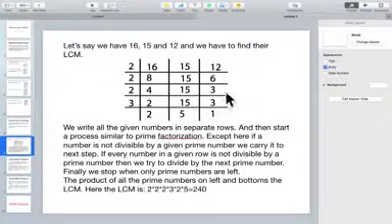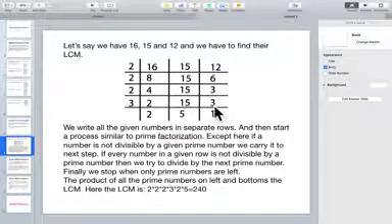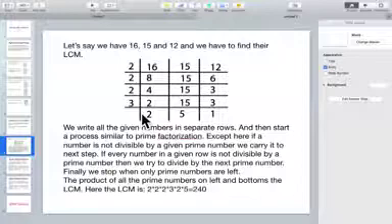Now 15 is not divisible and neither is 3, so we carry both of them to the next level without changing. Now we have 2, 15 and 3. Now 2 and 3 both are prime numbers. So our main motive here is to reach prime numbers. The end results should all be prime numbers, like prime factorization. Okay, so 2 and 3 are both prime numbers.